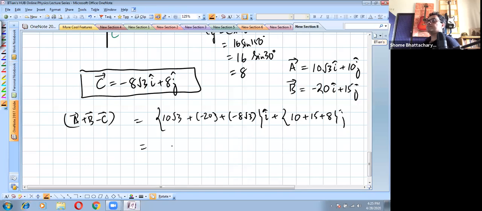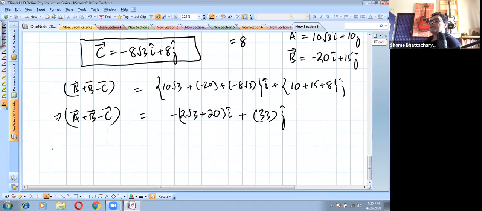So minus 2 root 3, you can take the minus sign common, then you can take 2 common, doesn't matter. Plus this is becoming how much? 25 plus 8. So that is 33. So this is the vector A plus B minus C.